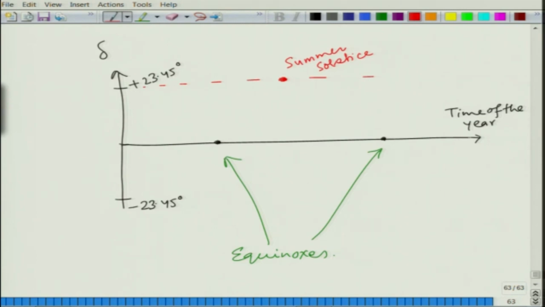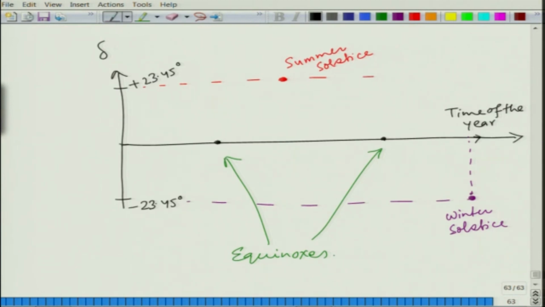So, let us say we have December here, 21st December, and then our declination angle will be the minimum. So, this is winter solstice, declination angle will be negative 23.45, and let me increase this axis a little bit.